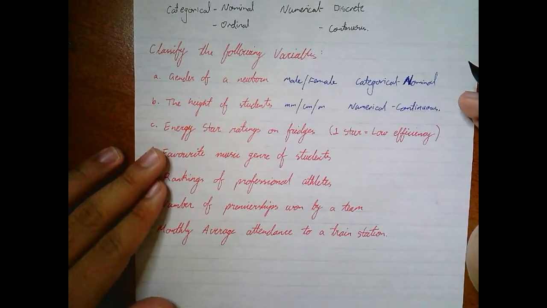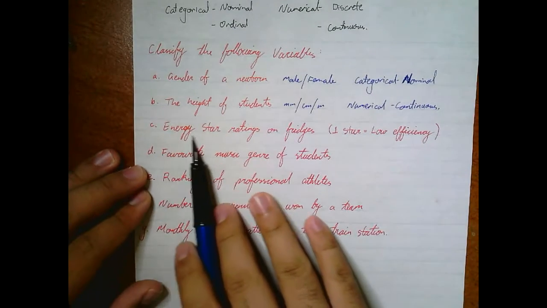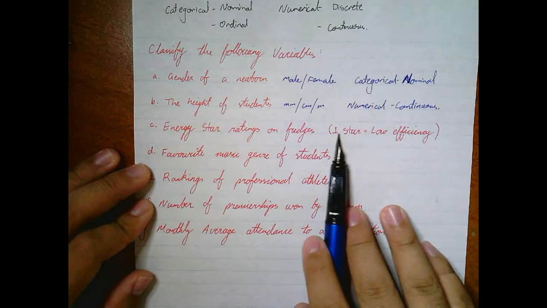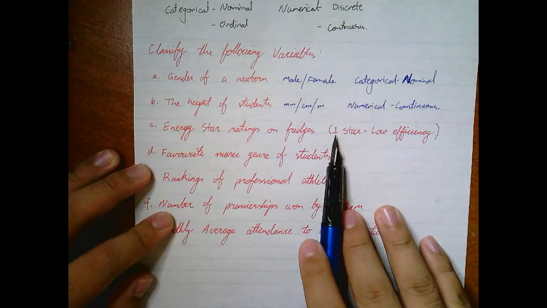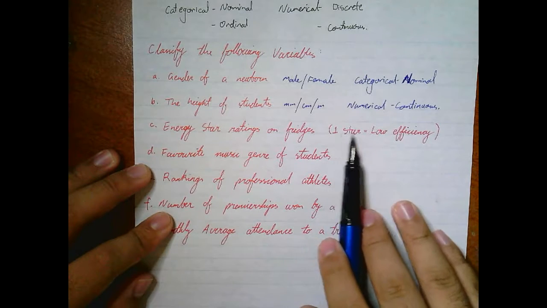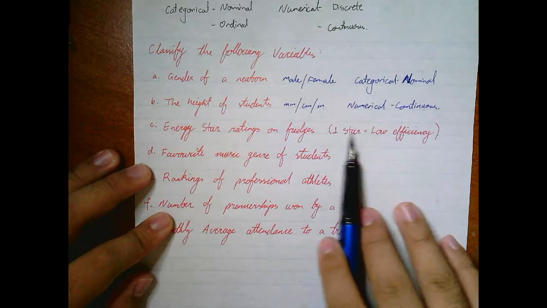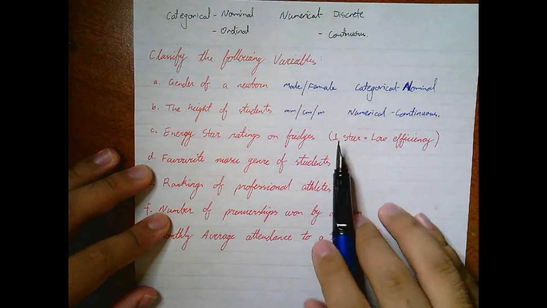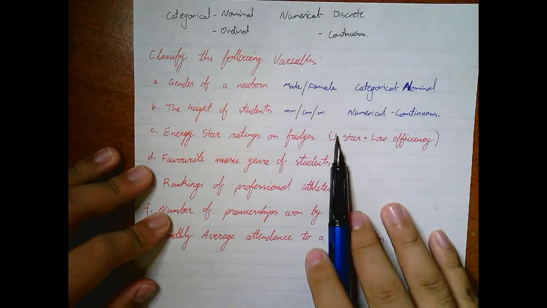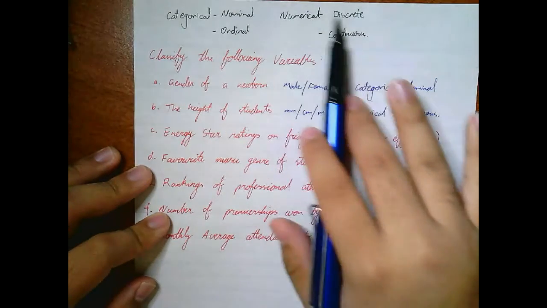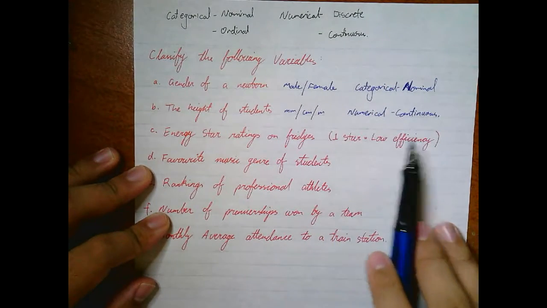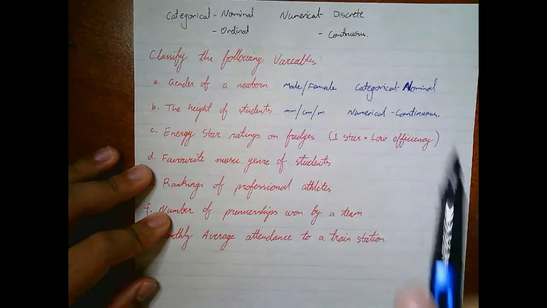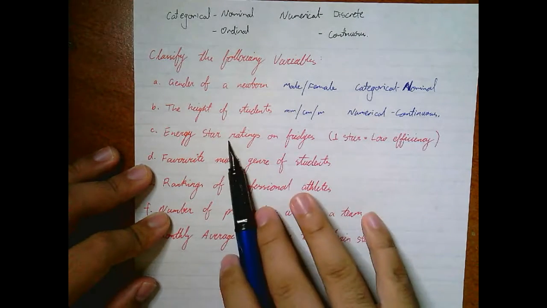Okay. Question C. Energy star rating on fridges, where it says the 1 star, in case you don't know, on your fridge it goes from 1 star, I think, up until 5-star rating. So it may seem like it's numerical data because it's 1, 2, 3, 4, or 5, but it's not so much a number, it's a rating.